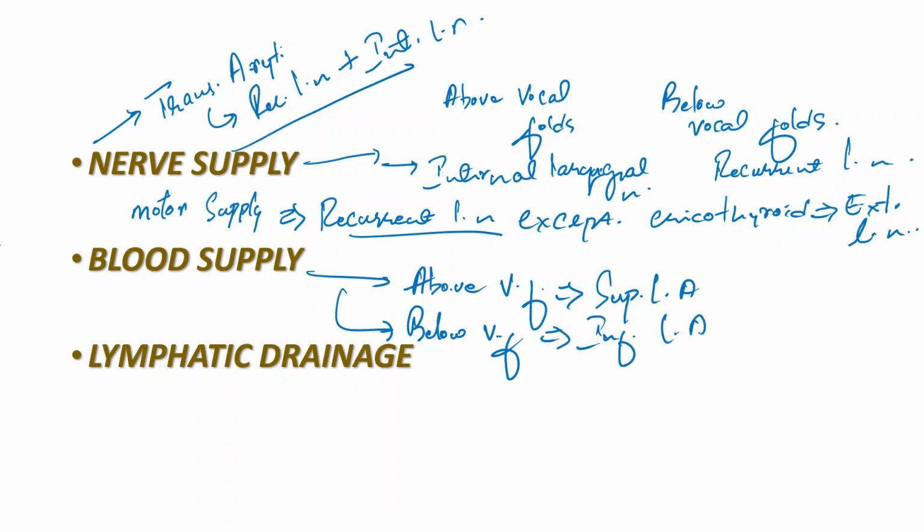The superior laryngeal artery is a branch of the superior thyroid artery, whereas the inferior laryngeal artery is a branch of the inferior thyroid artery. So this is about the blood supply. The veins correspond to the arteries as well.